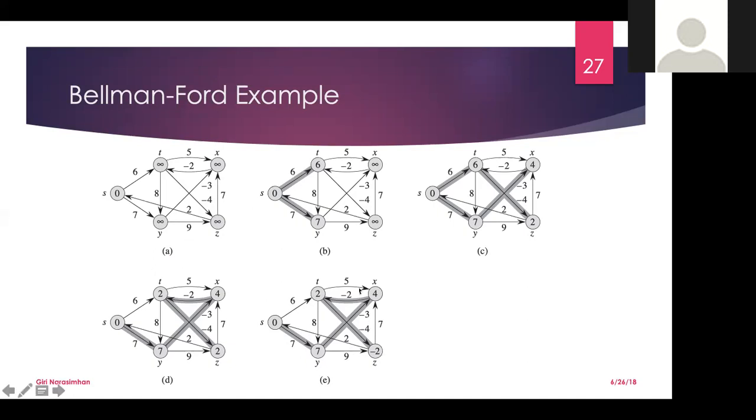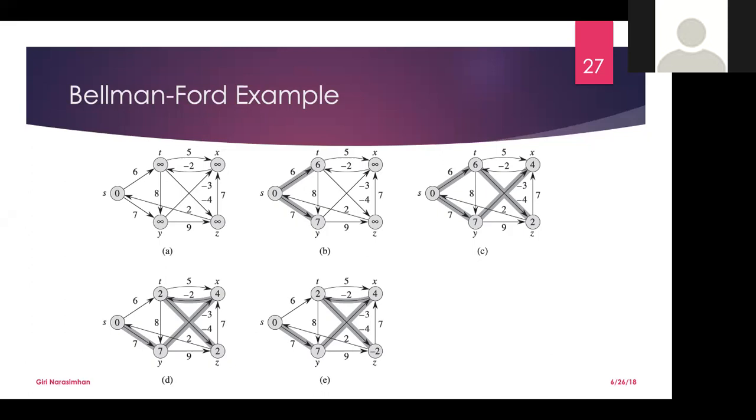Sorry, Dijkstra would have figured this out, but actually the right answer is, no, that's the right answer, sorry. Anyway, Dijkstra would not have worked because there are negative edges.